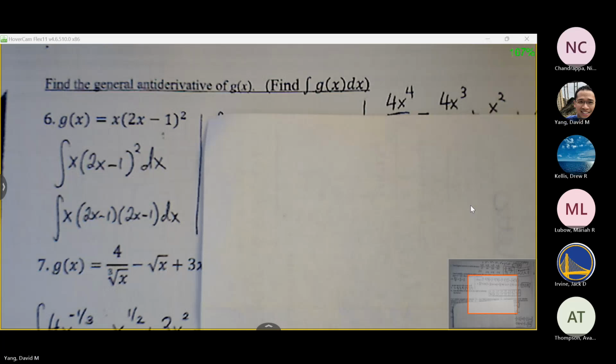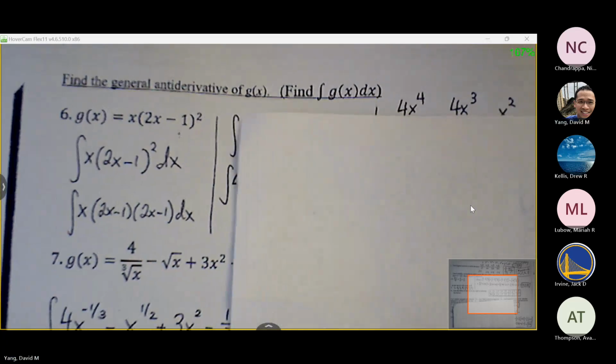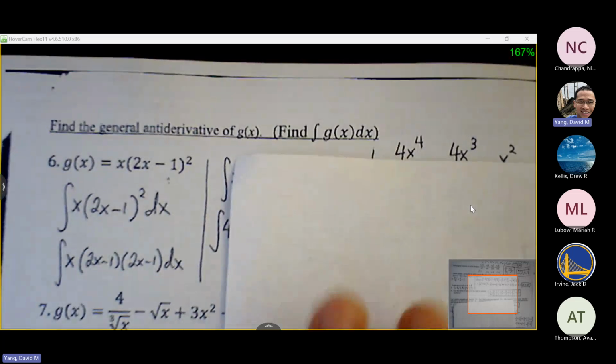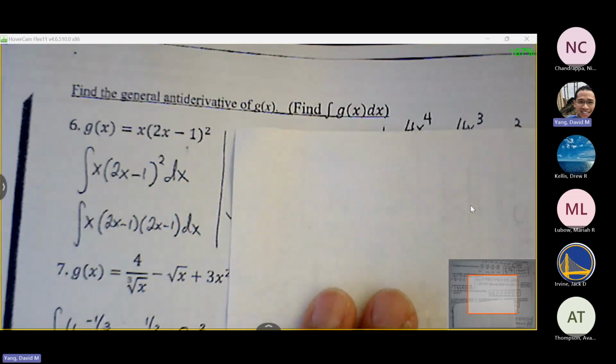All these problems are basically all power rule. I didn't put a trig problem on here, but I think I put a trig problem on worksheet 4, so we can get extra practice there. But really everything on this back page is just variations of power rule.